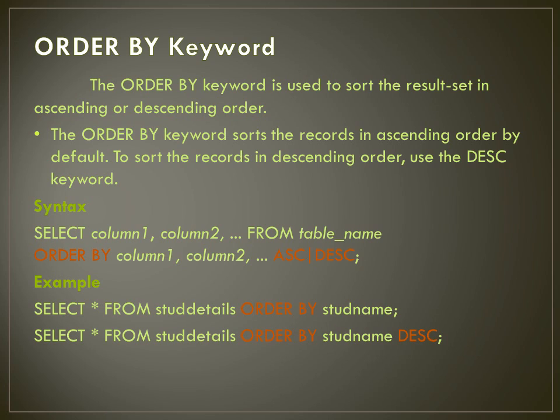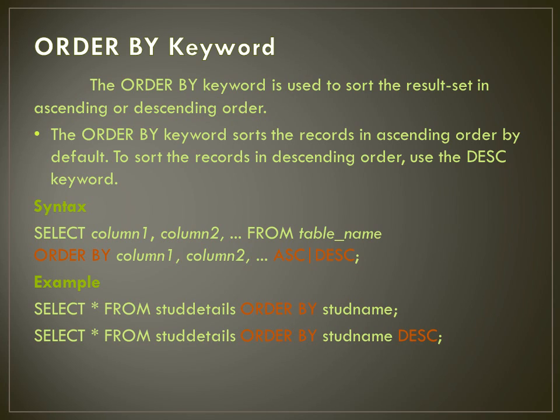ASC is for ascending order, DESC for descending order. Let's see the example for it. Select star from student details, order by student name. This query will return the student details sorted in ascending order of the student name. As there is no keyword at the end, the default order is ascending.